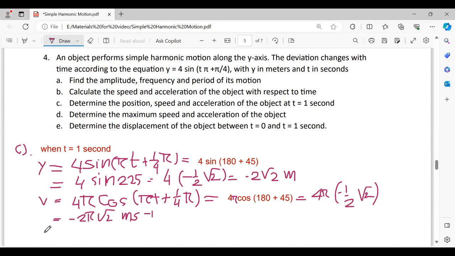And then after that, acceleration. Acceleration is the derivative of 4 pi cosine of pi t plus a quarter pi.